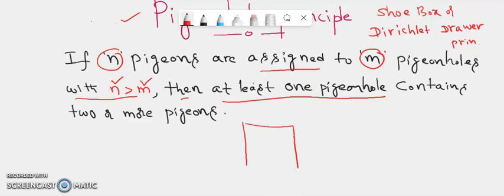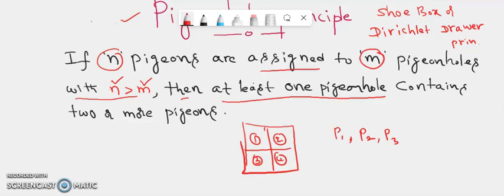Suppose there are 4 pigeonholes, but here pigeons can be denoted like that: P1, P2, P3, P4, P5, P6.